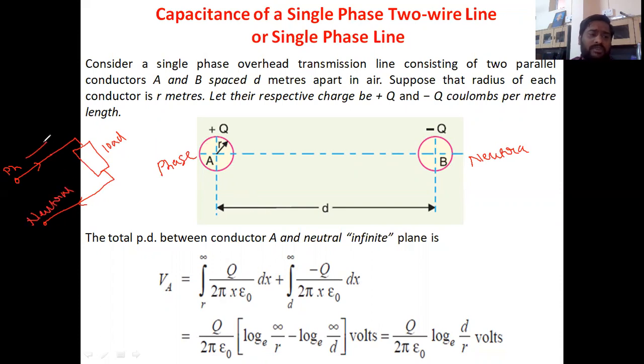This is the entering path for the current and this is the return path for the current in the single phase line. This is the phase and this is the neutral. If we observe this line from the front view, the line is represented as the figure shows.